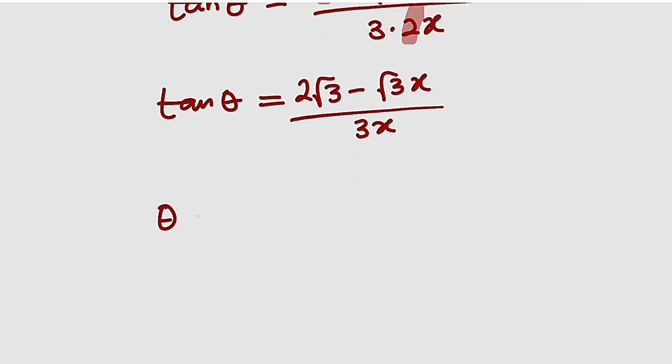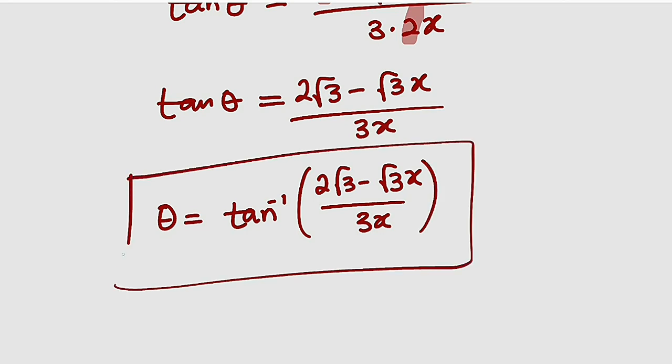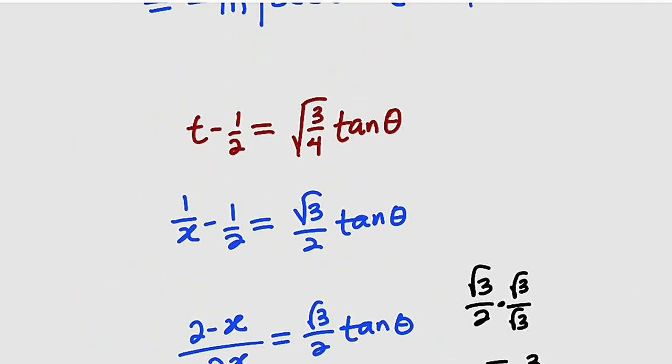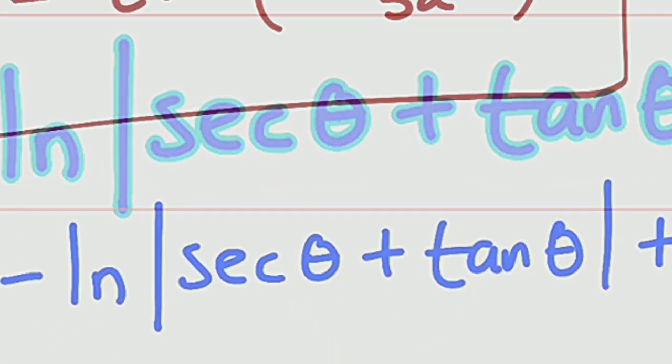So theta is equal to arctangent or tan inverse of the whole of this, 2 root 3 minus root 3x divided by 3x. So this is what we need to replace for theta in our main solution, which is this one. So let me just copy this one and substitute.